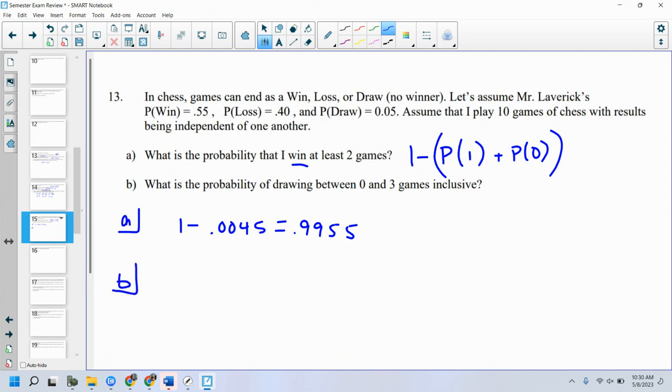What's the probability of drawing between 0 and 3 games? Between 0 and 3 games. Oh, inclusive. Oops, inclusive. So that means I say probability of drawing of 0, 1, 2, and 3. Right?